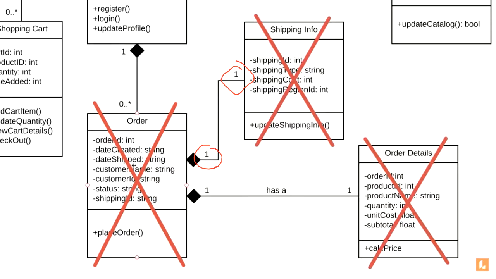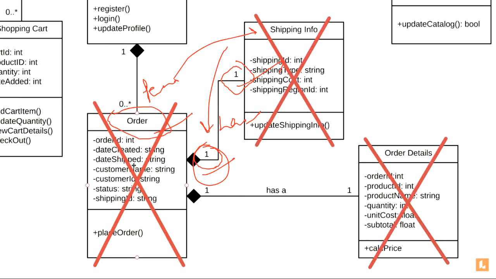Shipping info has exactly one order. So it makes sense, right? Every order, suppose you placed an order for a pen from Flipkart, the shipping address will be exactly one. It will be shipped to one shipping address, right? And the shipping address, now if you want to read this, you have to come from here with a has. Shipping address has exactly one order also. Okay, at every shipping address you have exactly one order.